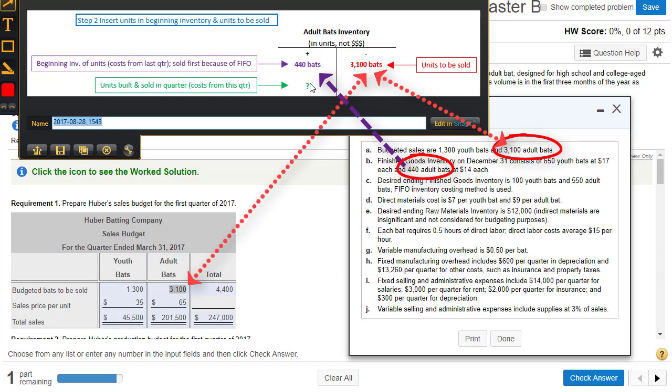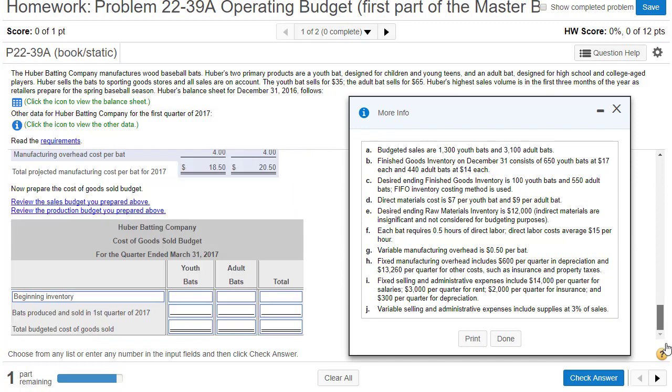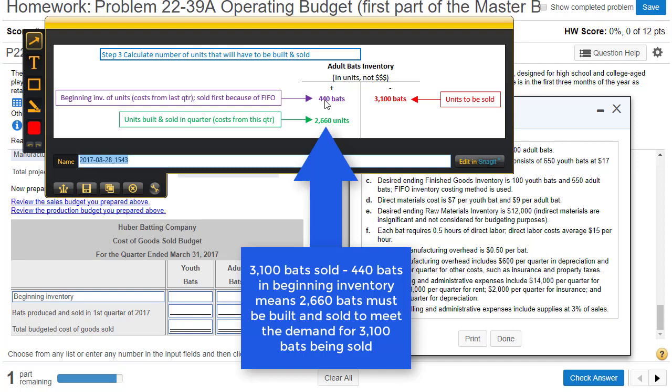To calculate the number of bats we need to build and sell, in addition to the ones that we already have in inventory, we're going to take 3,100 minus 440. So 3,100 minus our 440 bats in beginning inventory means we must produce and sell 2,660 units. These two numbers we're now going to use to calculate the cost of the beginning inventory and the cost of the bats built this quarter and sold.